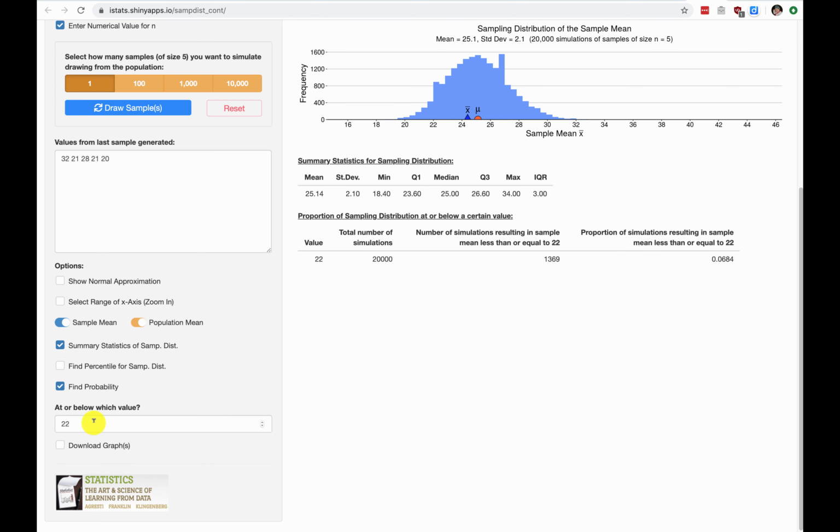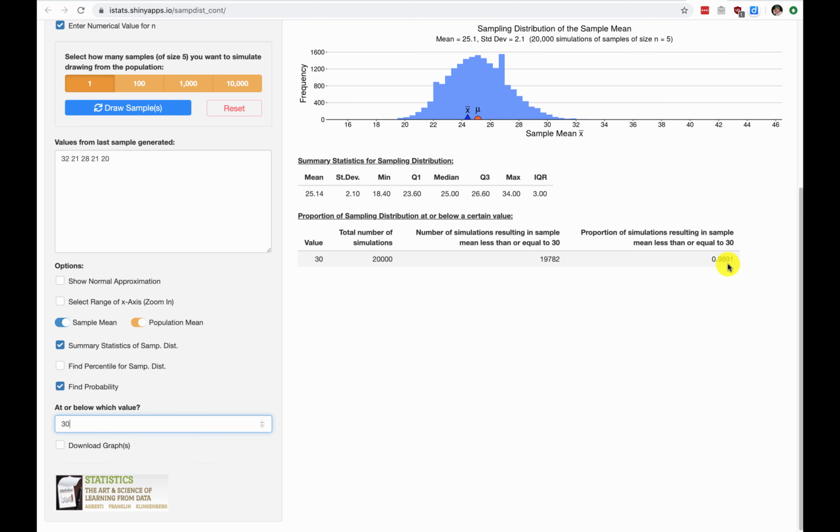And then if you wanted to look on the higher side, let's say we want to look at an average of 30. So what percent of my samples had an average that was 30 or more, or maybe more than 30? Here we have 30 is our cutoff, number of samples that had a mean less than or equal to 30, so almost 20,000.